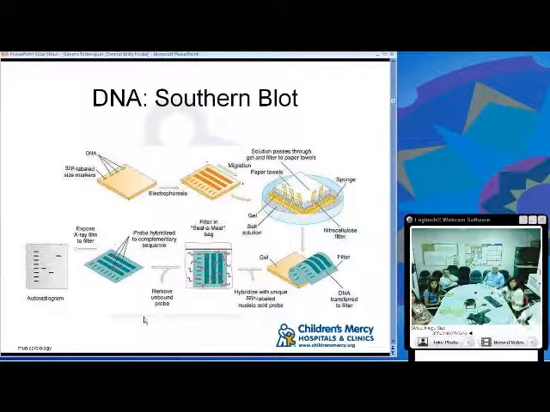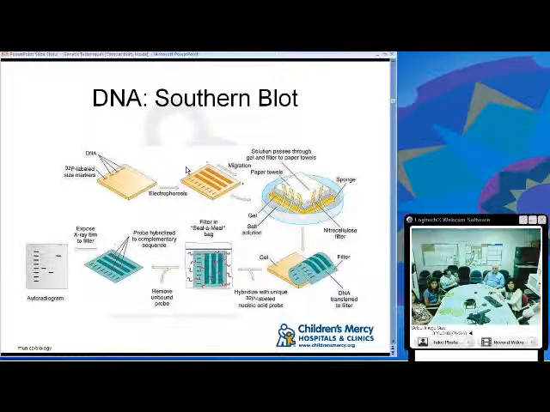So if we were to look at DNA, probably the most traditional method is looking at DNA by Southern blot. Once we extract DNA, say from a tissue sample or cells, then we want to expose it to electrophoresis, which will allow the different fragments of DNA to migrate according to size.